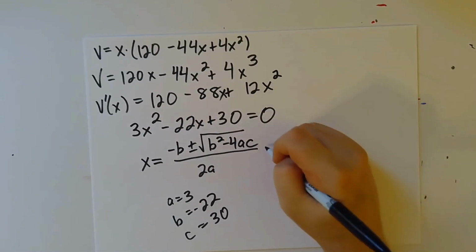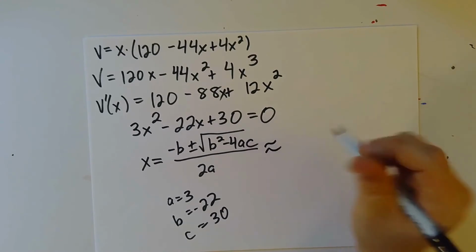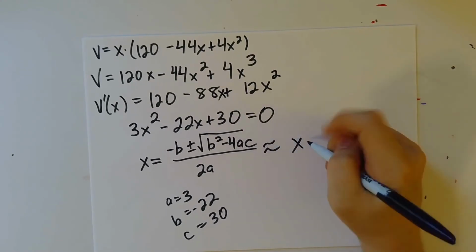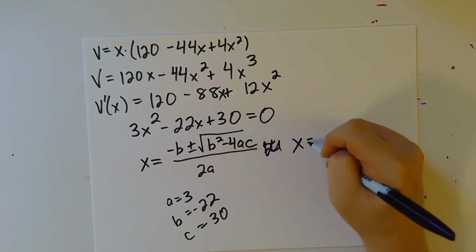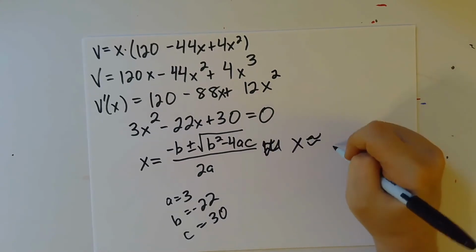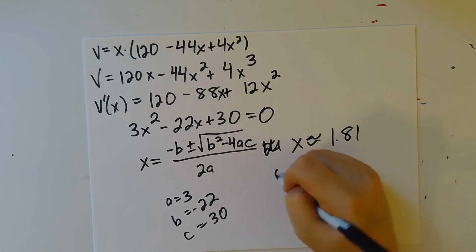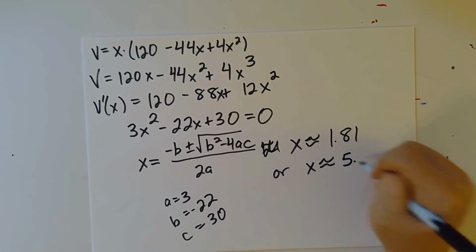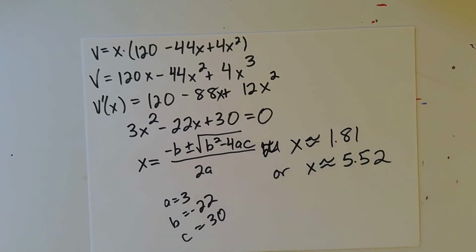And if you do that, you will learn that there are two possible things, namely x is approximately 1.81, or x is approximately 5.52. Now, at first, you might be inclined to say, oh, both of those make sense, x just has to be positive.